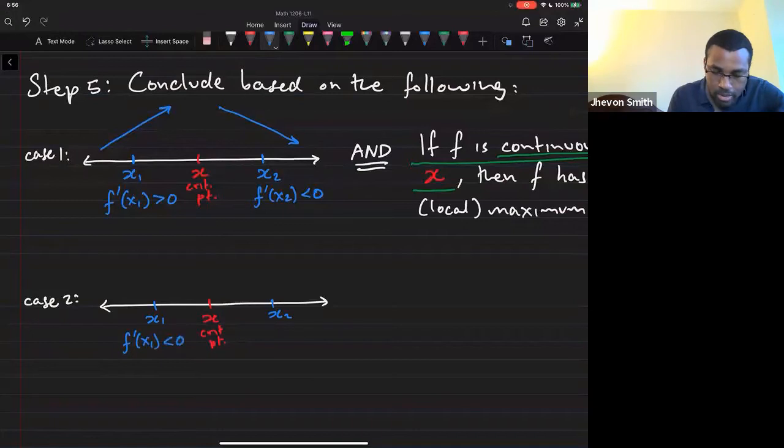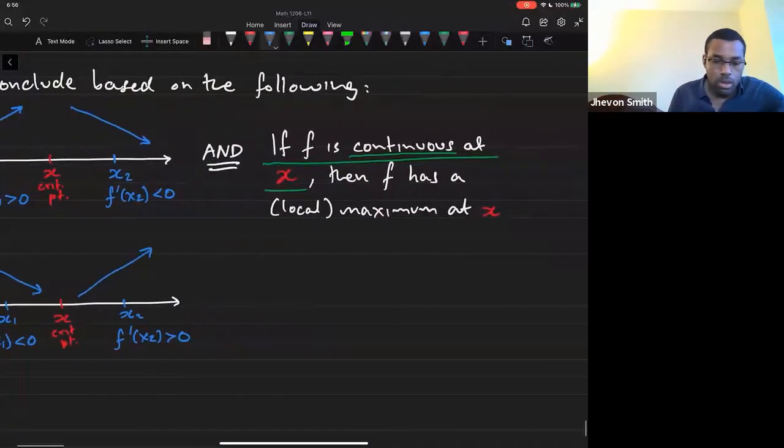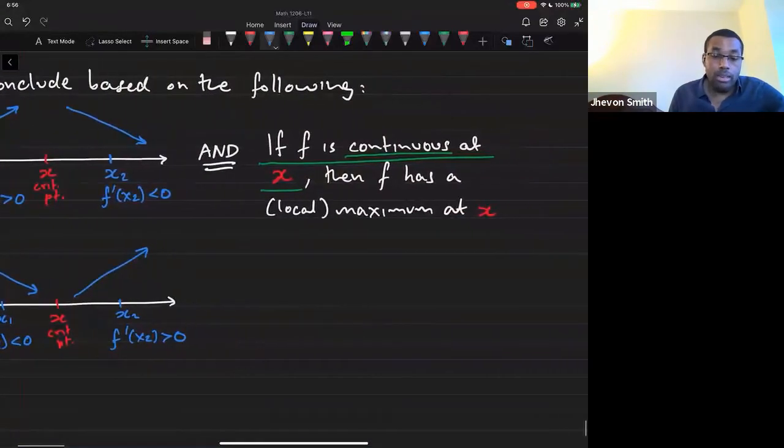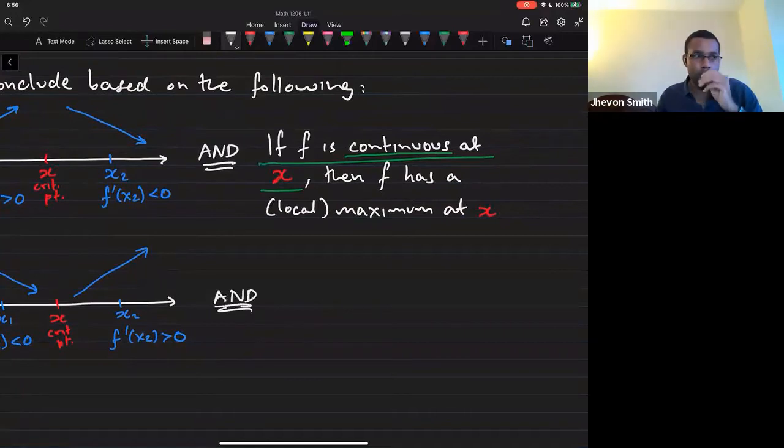What if I got a negative here and I got a positive here? Then it means over here I'm decreasing and over here I'm increasing. And if we're continuous, what it means is that I've just identified a point on the graph where I am falling before that point and then rising after that point, which means that point has to be the point where I was the lowest I've ever been in that region.